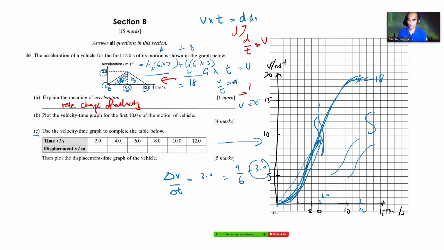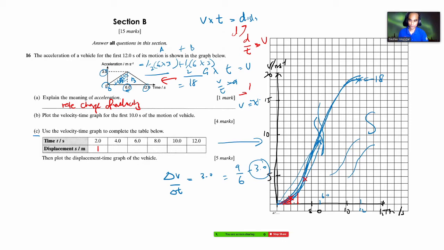So let's say 2 and 4. At 2, it's over here, and we can see there's only one unit. So I can put 1 over here. It's actually not very precise, but it depends on your graph. At 4.0, 1, 2, 3, 4 is around here.